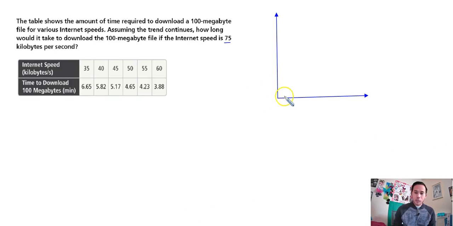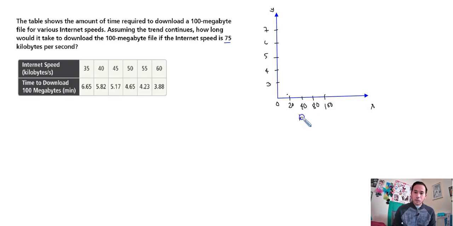So down here, of course, this is 0, and then I'll just count by 20, 40, and we have 80, 100, and then here maybe this is 3, 4, 5, 6, and then 7. This is your y, this is your x.